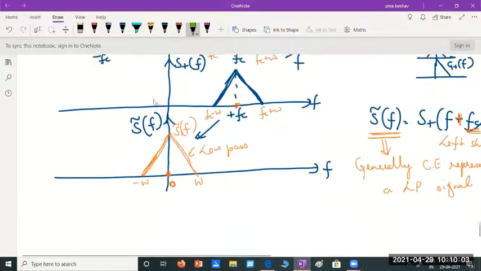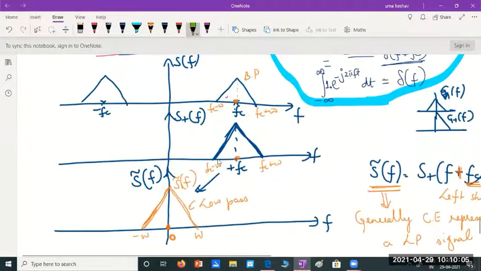In the pictorial representation, S of f is the spectrum of the given signal, the first one. Its pre-envelope will have only the magnitude spectrum at positive frequencies. It doesn't exist at negative frequencies. This represents the bandpass signal at positive frequencies only. The magnitude would be doubled usually.